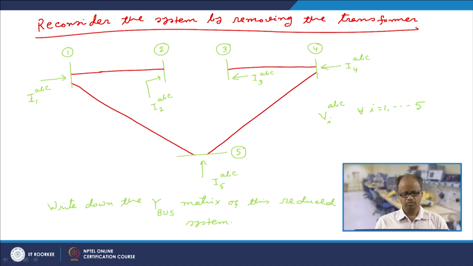We will now write down the Y-bus matrix of this system following the usual procedure. We will not write down the equations as we have done before, but just follow the simple algorithm for forming the Y-bus matrix.